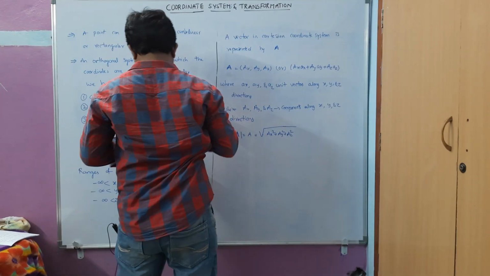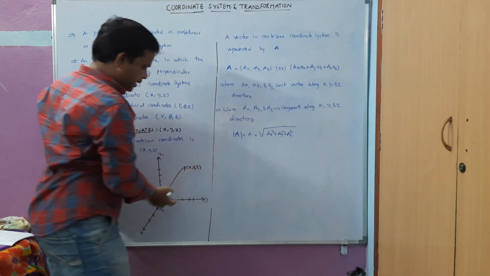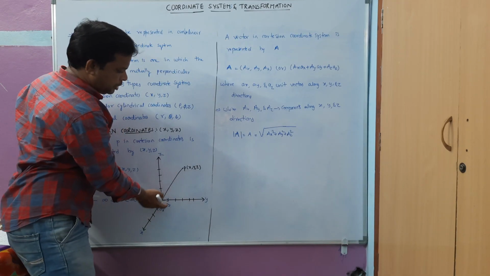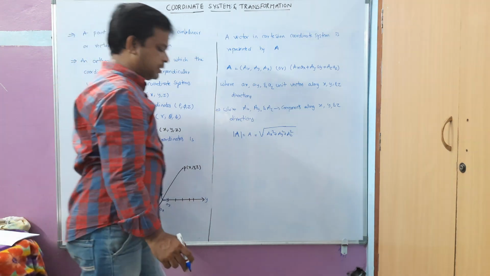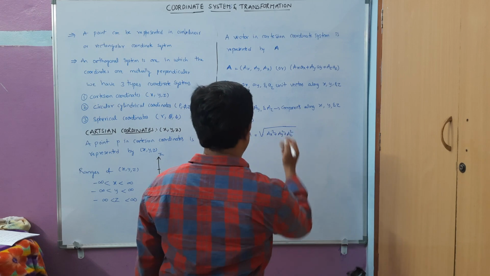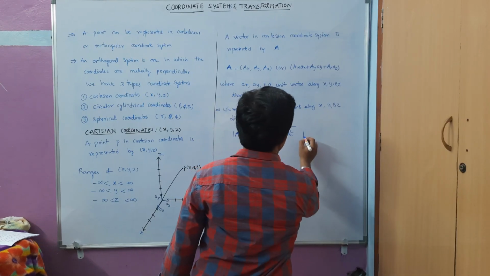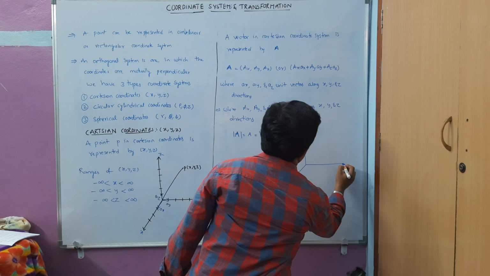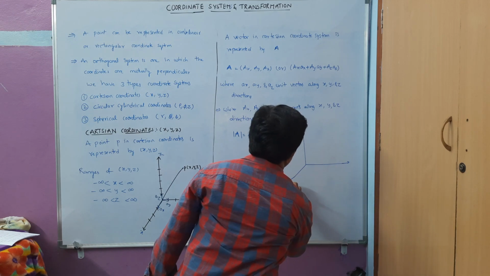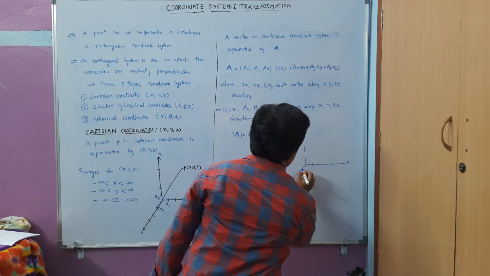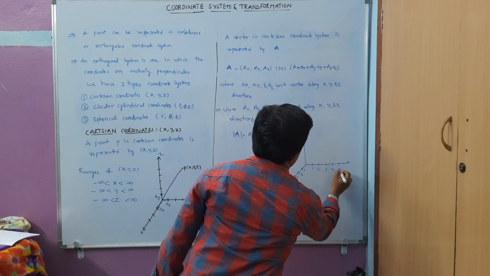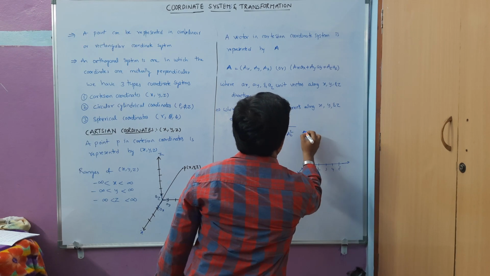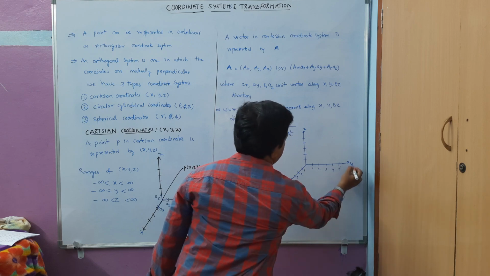As we have drawn the unit vectors, how are we going to represent the point P in the x, y, z coordinate system? Let me take one example. This is the z axis, this is the x axis, and this is the y axis.